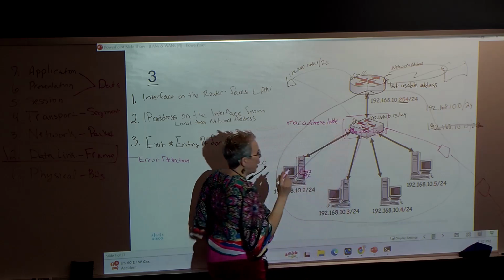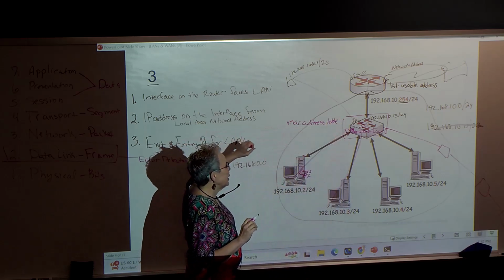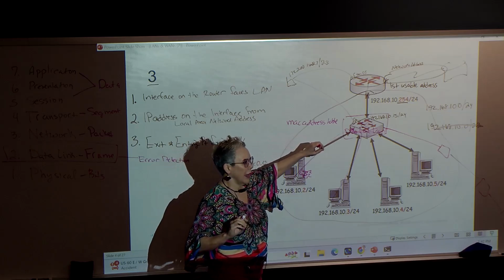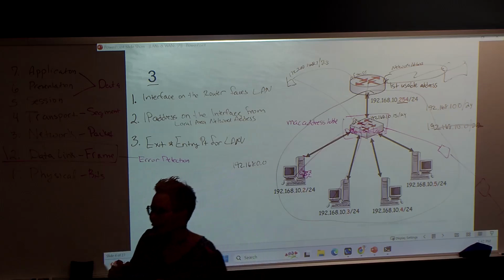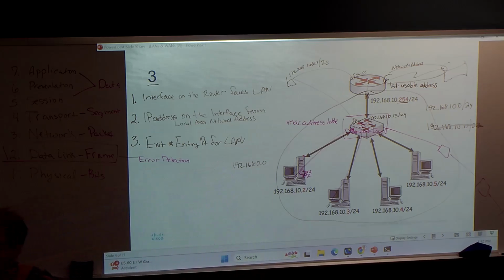Now, why does it need to keep track of MAC addresses inside the MAC address table? Why does it need to do that? And that's going to come back to some of the answers that you've been saying. Joel? Yeah, you're on the right track, Austin.